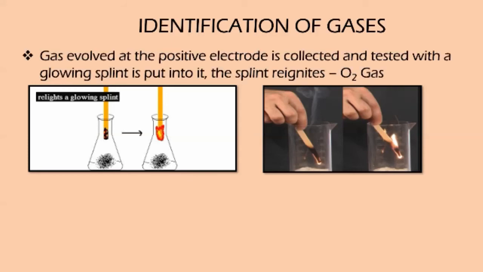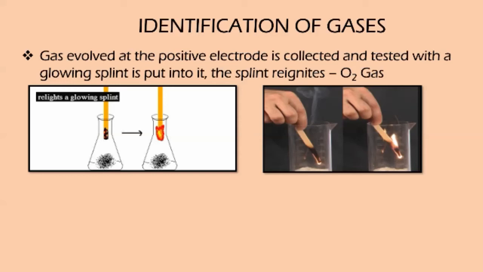The gas evolved at the positive electrode is collected and tested with a glowing splint. If the splint reignites to form a flame, then you can identify that gas as oxygen, because oxygen is necessary for combustion.